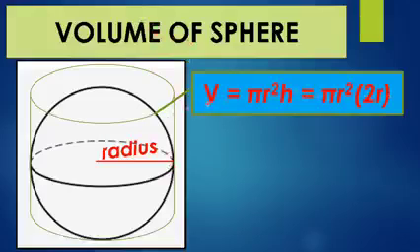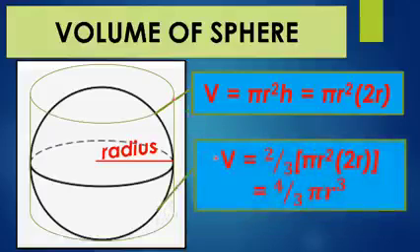So we all know that the volume of a cylinder is equal to pi r squared h, or that is equal to pi r squared times the 2r. Okay, so this is the volume of your cylinder, while the volume of your sphere is 2/3 times pi r squared times 2r, okay, which is equal to 4/3 pi r cube.